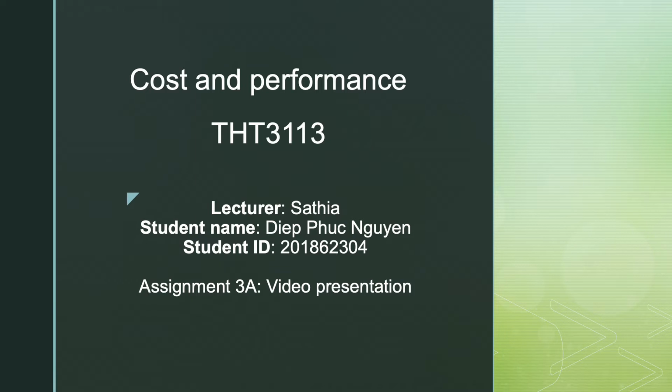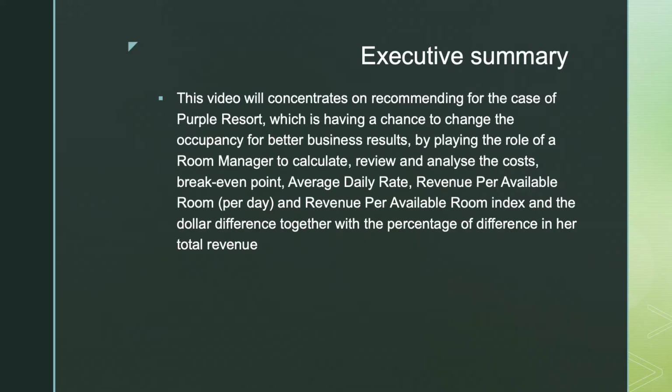Today I'm gonna do a presentation about the Purple Hotel. First of all, I'm gonna give you a short summary about what I am going to say in this video.